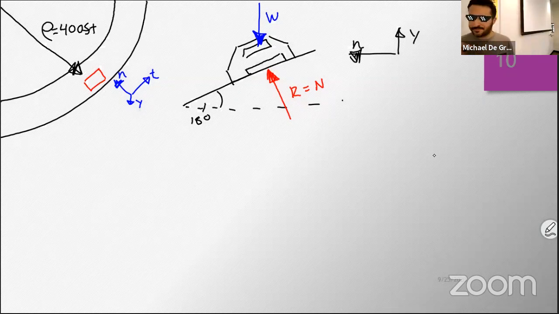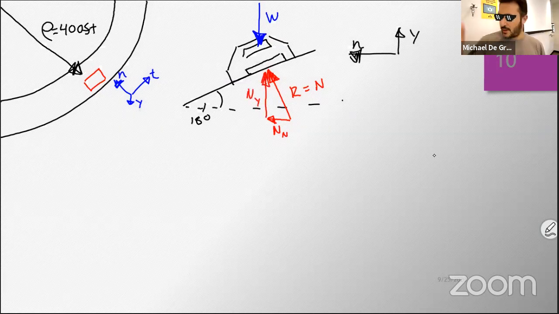All right, so we can draw components of this. We'll call this N in the normal direction, and N in the y direction. N in the normal and N in the y. And so that makes this angle up here 18 degrees.